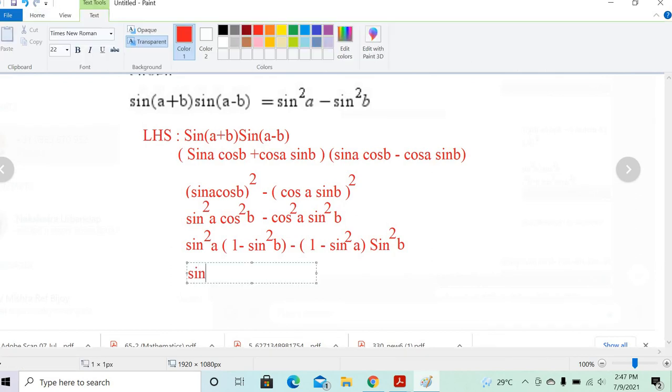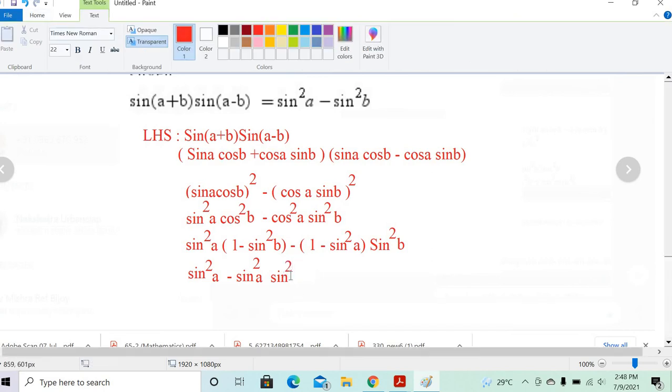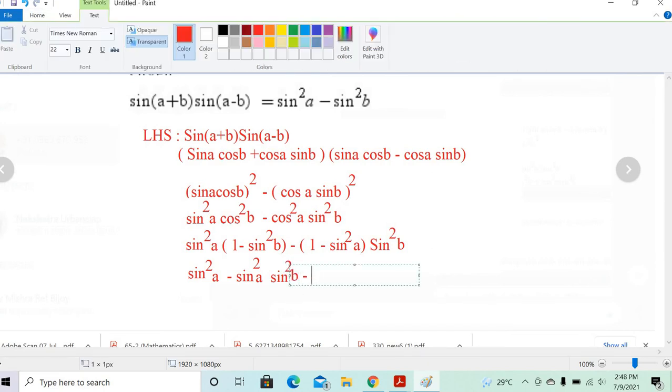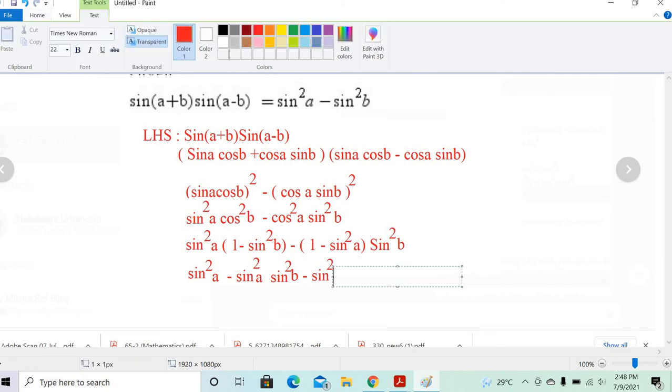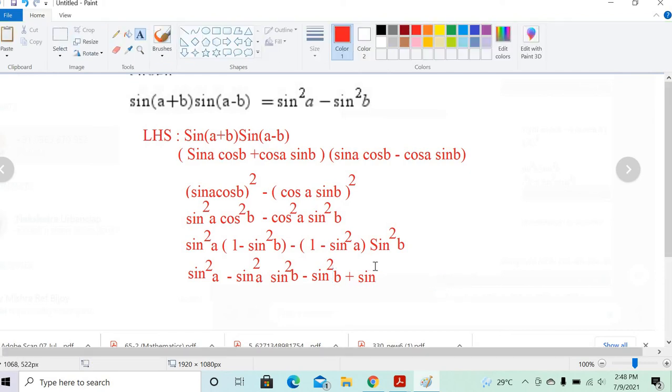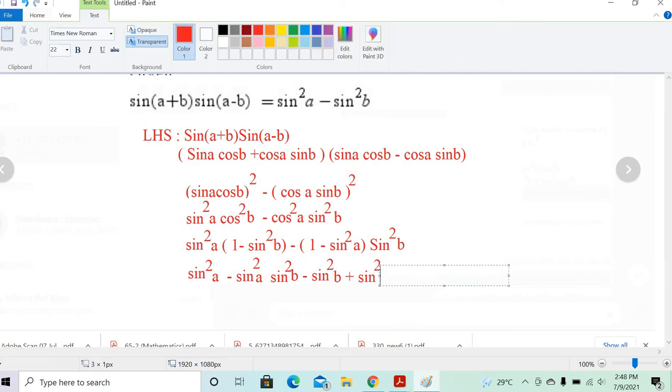And now we'll open the brackets. Now let's see what happens. Here we'll open the bracket: sin square a minus sin square a sin square b, minus, again we'll expand it here, sin square b plus sin square b into sin square a.